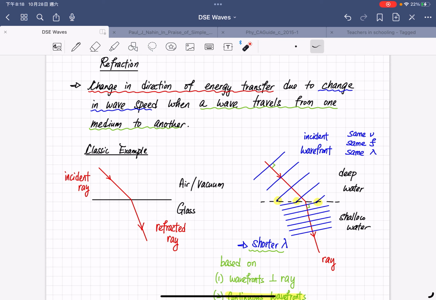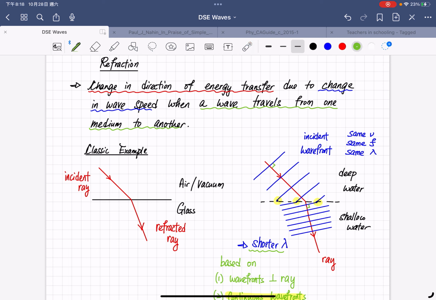And the reason why there is a change in the direction of energy transfer is that since the wave enters a new medium, its wave speed will change. And because its wave speed changes, therefore the energy direction is changed.